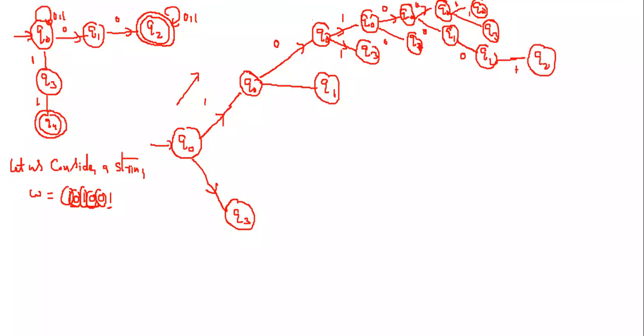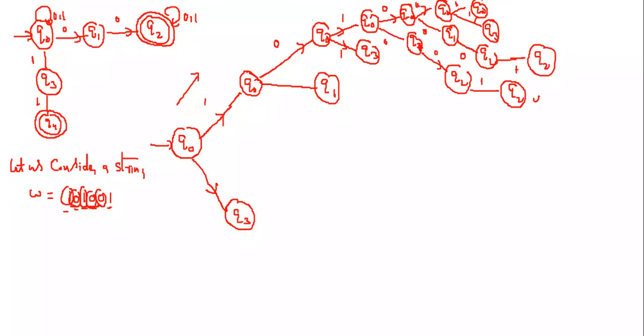That means this path is leading to the final state. Suppose you come in this way, on applying 0 on Q1, you are going to Q2. Again, after applying 1 on Q2, you are going to Q2. That means here also you are settling at a final state.